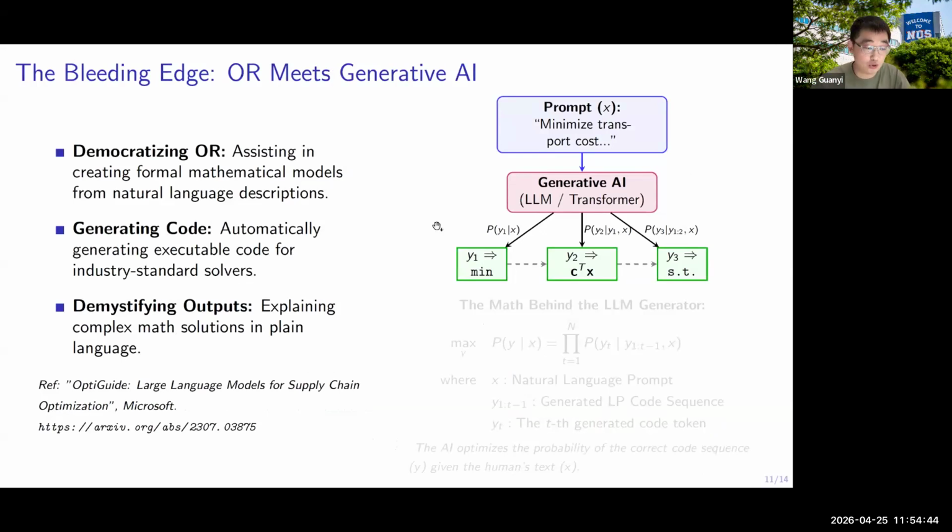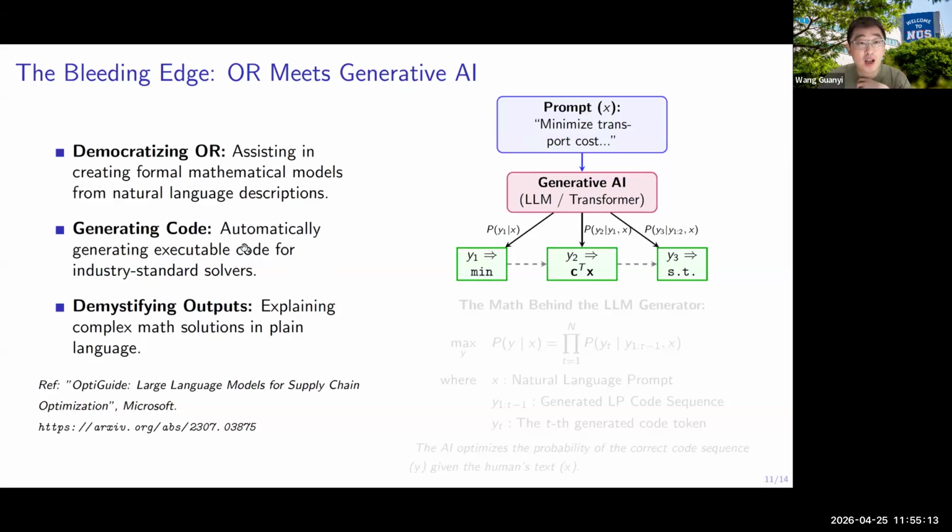Usually if you use, let's say, ChatGPT, DeepSeek, Qwen, or Gemini, this type of language model could help you create a good linear programming model. What they need is just a prompt that describes your problem in natural language.